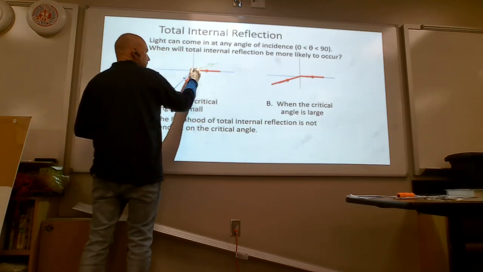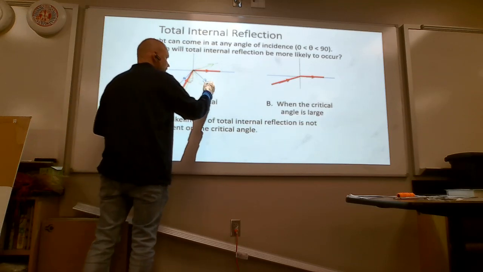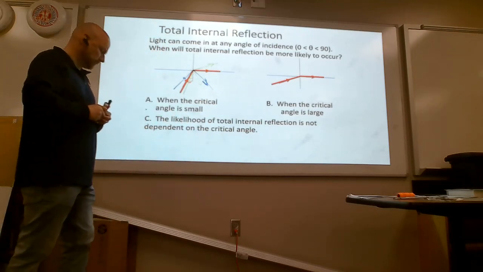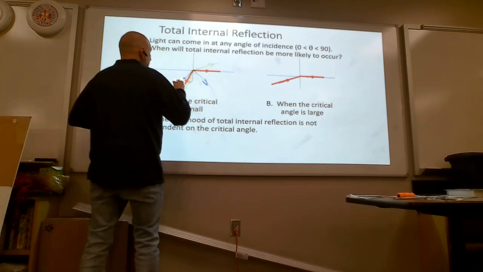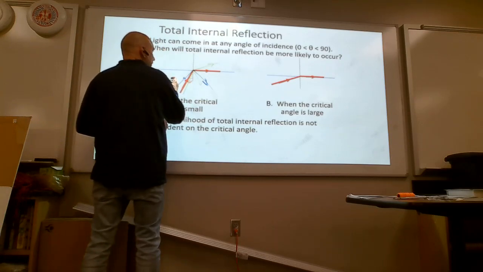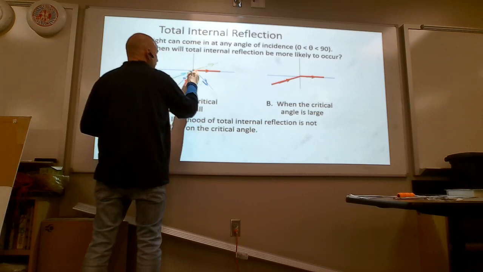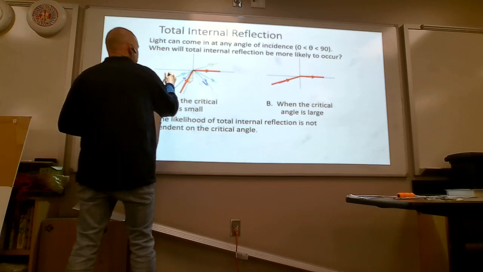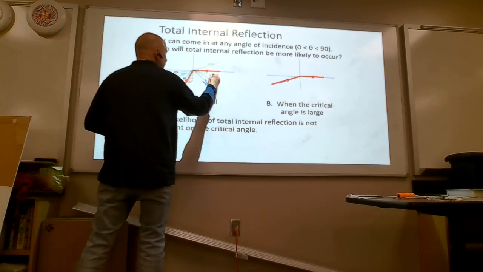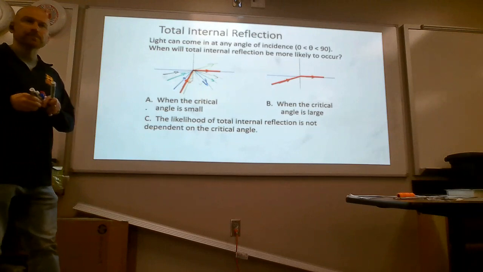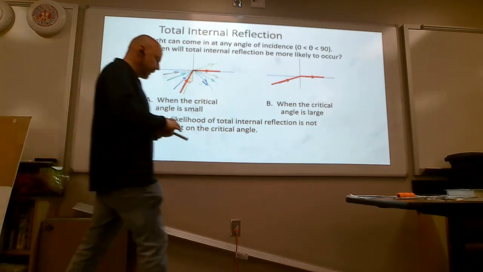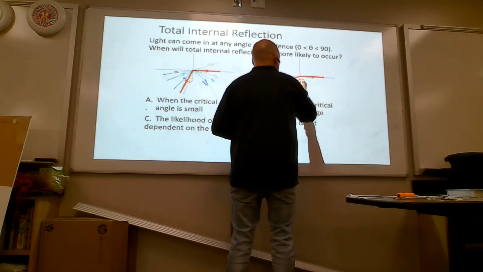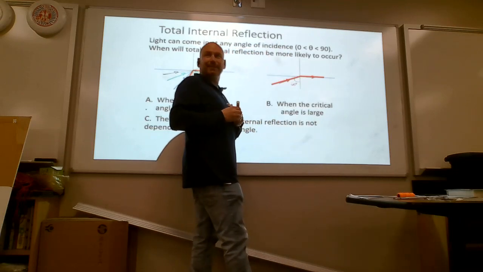That goes beyond 30. It's all reflected back in. Totally internally reflected. 50 degrees, totally internally reflected. 70 degrees, totally internally reflected. Over here, the critical angle is 60 degrees.